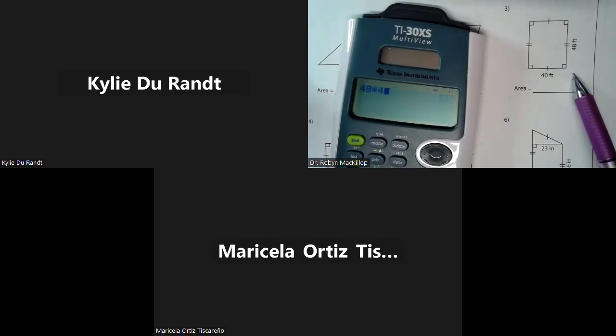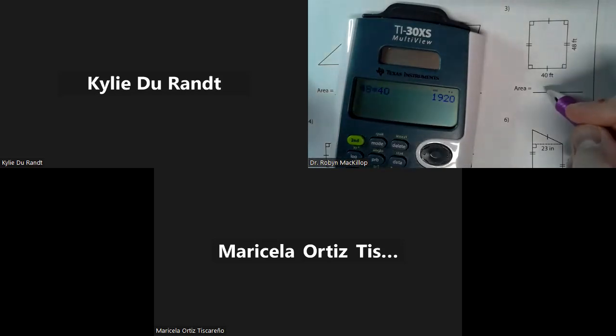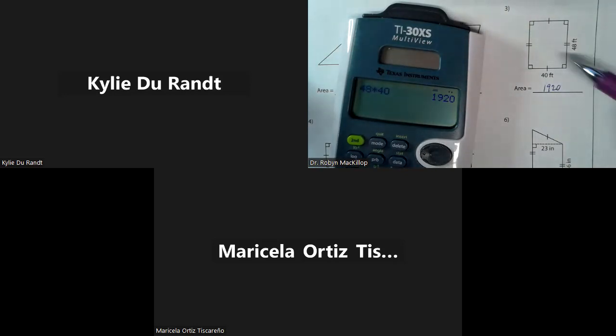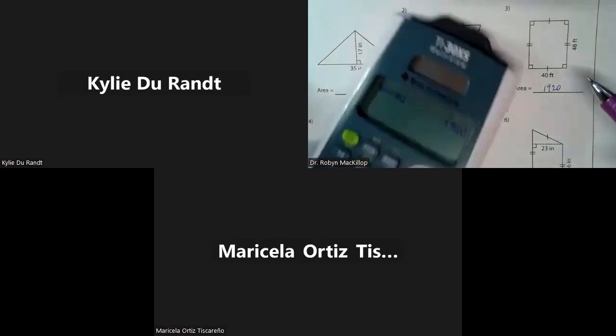So 48 by 40, the area is 1920. So not bad. But again, this is not what you'll get on the test. They won't give you a nice rectangle to work on. But it is a good idea to know how to do them because they'll be attached to other shapes. So not bad at all.